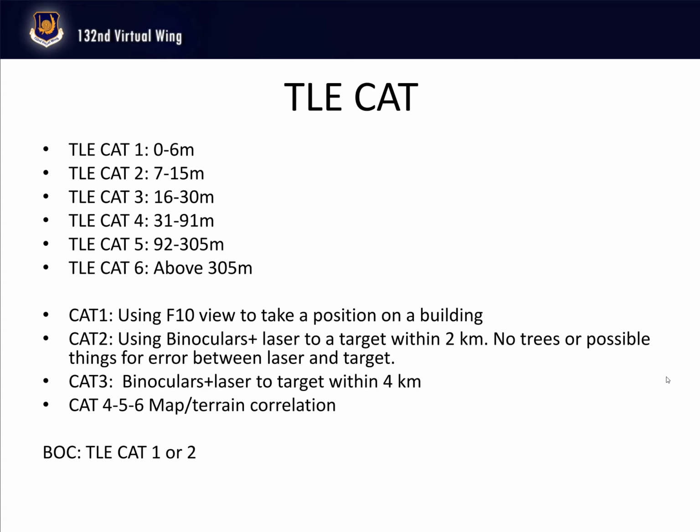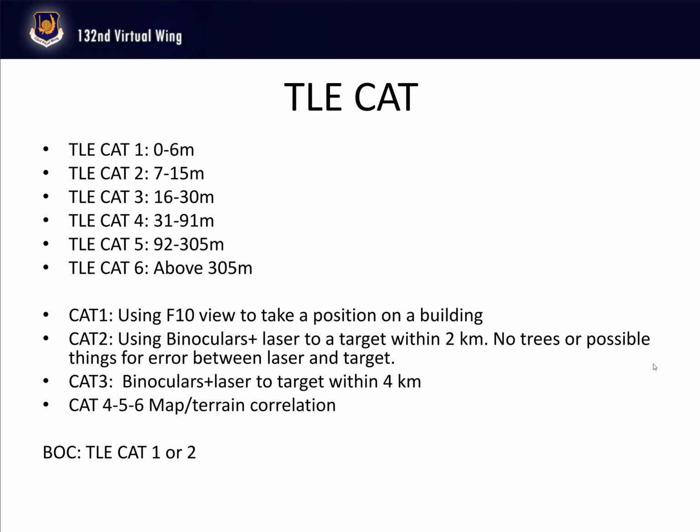The outcome of the TLE is what kind of engagement we can do with the target. But it's more for the JTAC than for you guys. The JTAC should know that if the location error is pretty high, then bomb-on coordinates is not approved, so we will not give it to you. Again, this is just for reference.